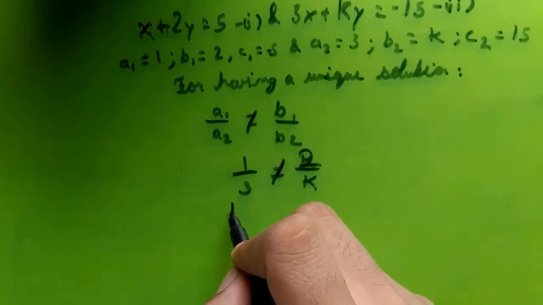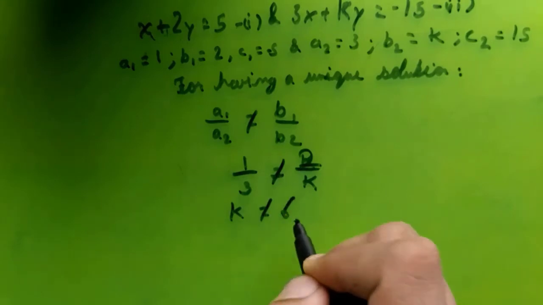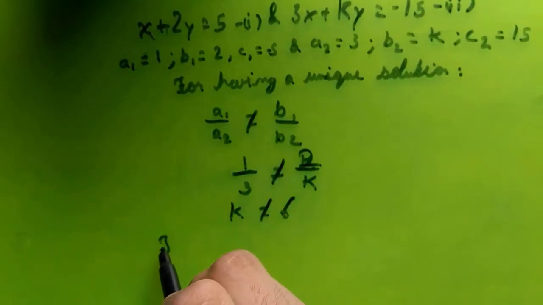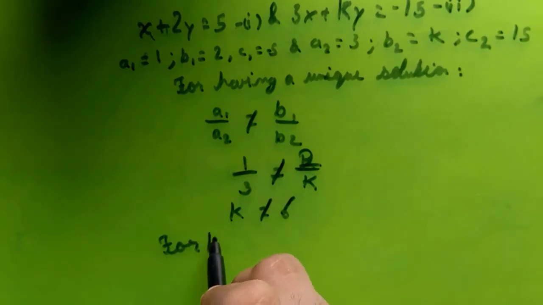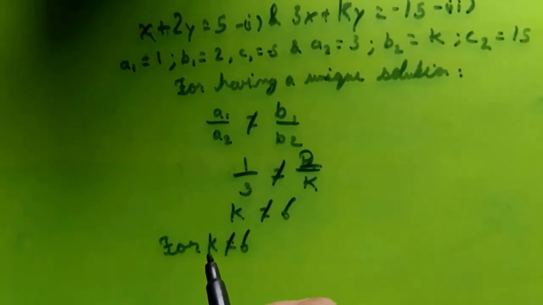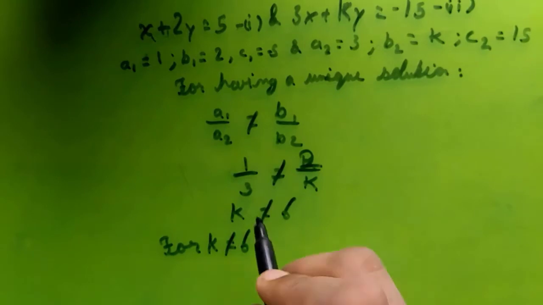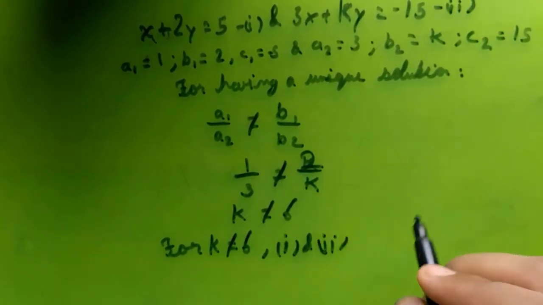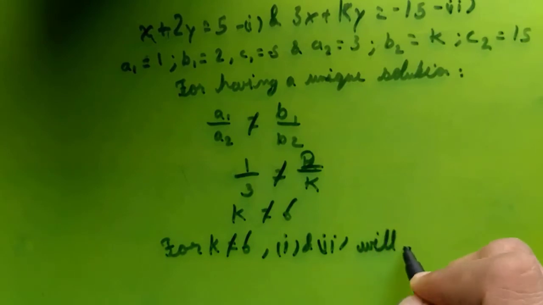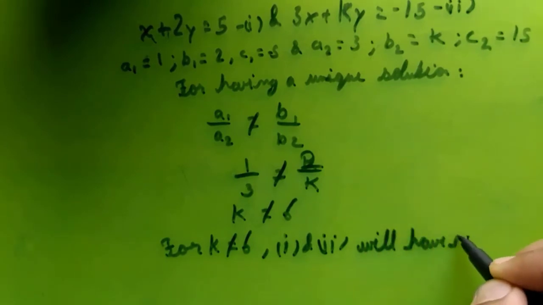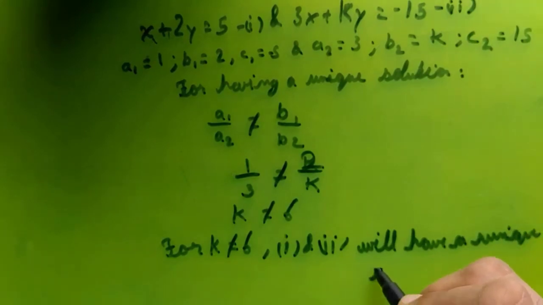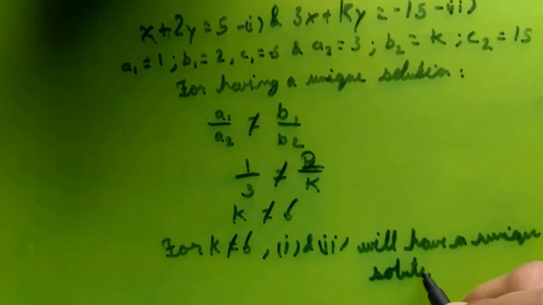Therefore, k is not equal to 6. Hence we get that for k not equal to 6, equations 1 and 2 will have a unique solution. Next question.